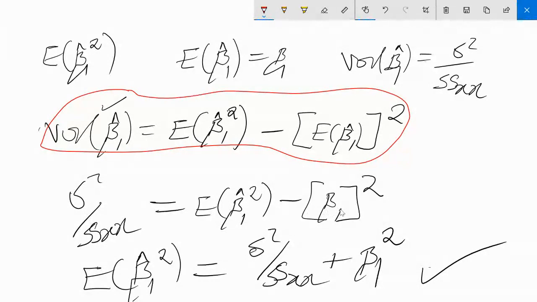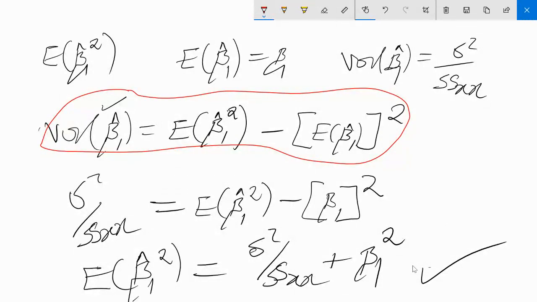Yes, because the expected value of beta 1 hat is equal to beta 1. This is an unbiased estimator. So we substituted by this. Thank you. So this part is clear. Please don't forget this part, because we are going to need it when we go back and substitute.